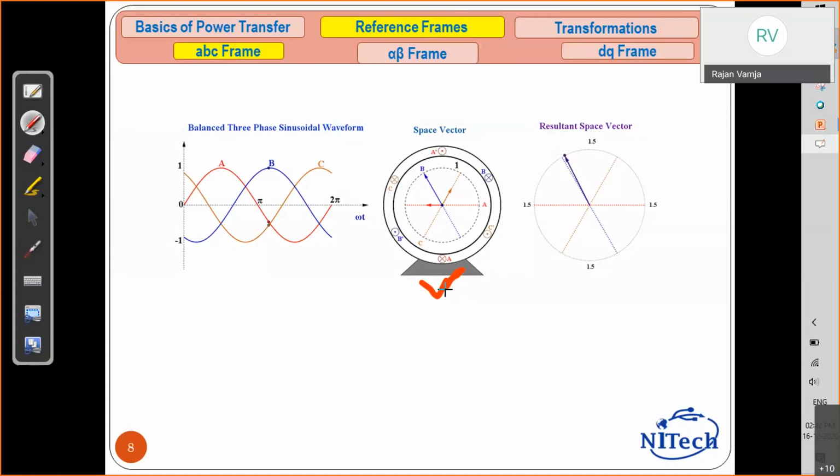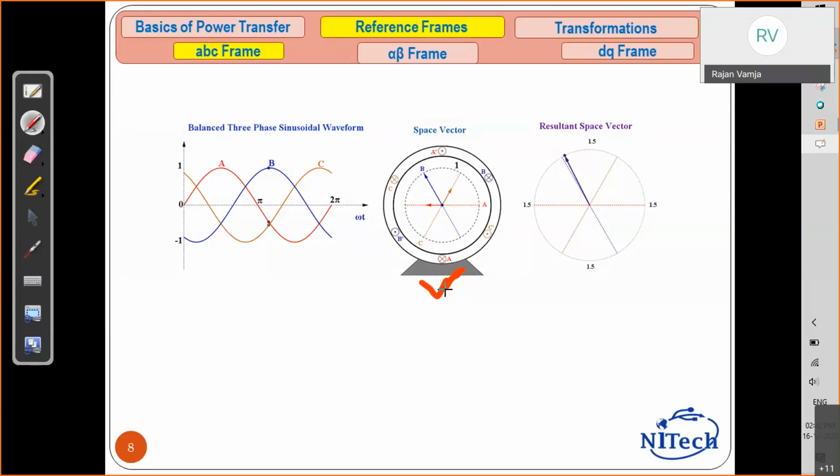But here, this space vector is a concept derived from the theory of the rotating magnetic field. Many of us know what a rotating magnetic field is.